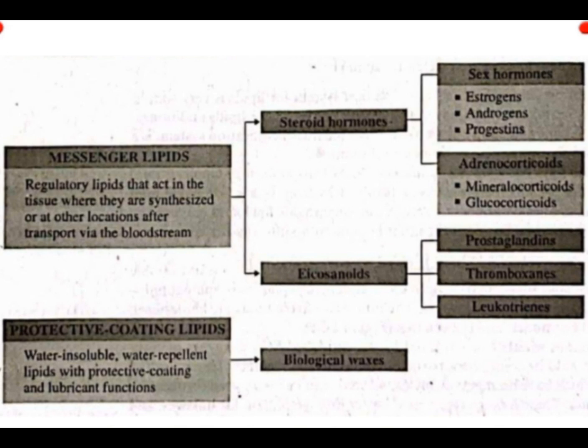Messenger lipids are regulatory lipids that act in the tissue where they were synthesized or in other locations after transport via the bloodstream. Messenger lipids have their own function. They act as chemical messengers or hormones: the steroid hormones or sex hormones, for example the estrogens, androgens, and progestins.